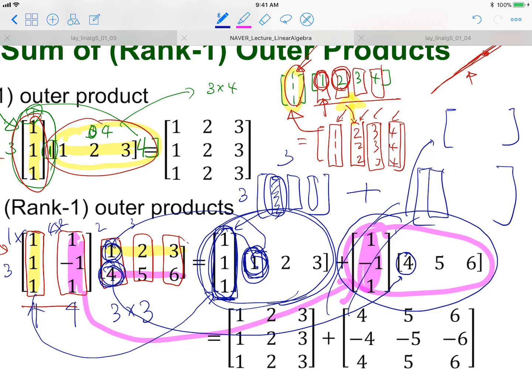And then what about this guy? This guy is only using the second column vector that we are given here, right? And then their linear combination coefficient here. And so, yeah, this guy will be multiplied over here, and 1, minus 1, 1 here. It is multiplied by 4, right? And so it will form this vector, right?